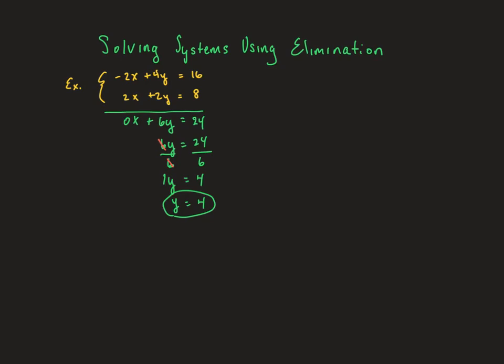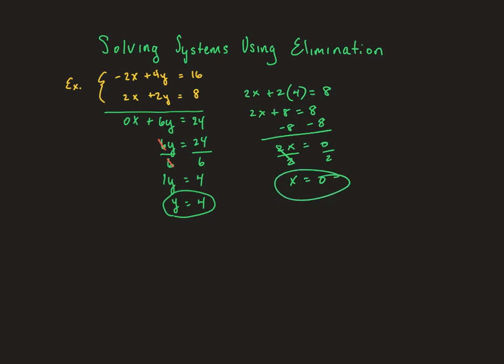If I use this one, 2x plus 2 times 4, because y equals 4, then I have 2x plus 8 equals 8. Subtract 8 from both sides. 2x equals 0. Divide both sides by the coefficient, and x is equal to 0. So my solution here is the ordered pair (0, 4).